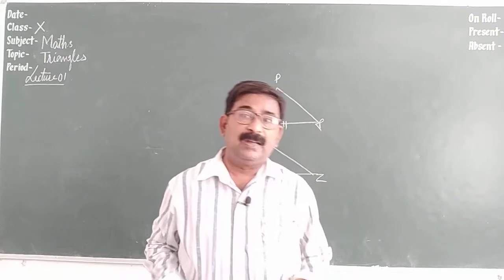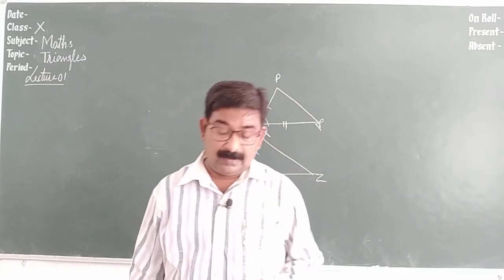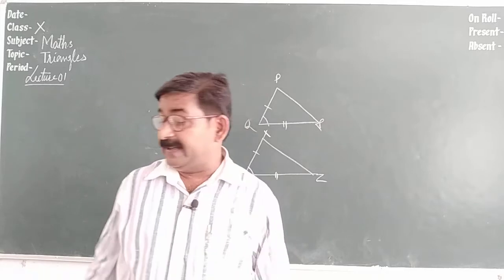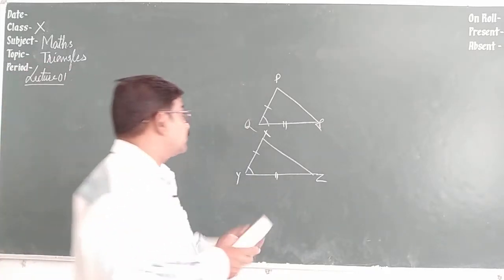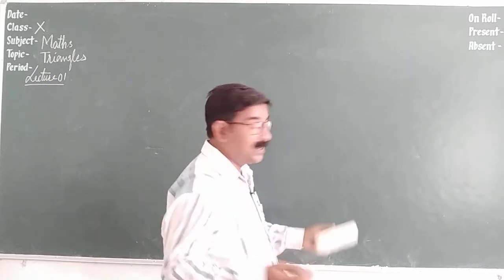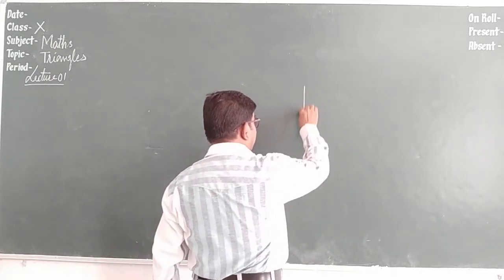One was RHS criteria, right angle, hypotenuse and side. Two triangles are said to be congruent if the right angles are always equal in two right triangles.